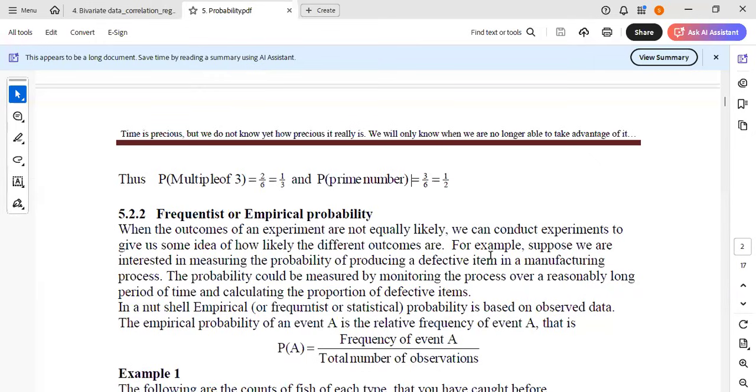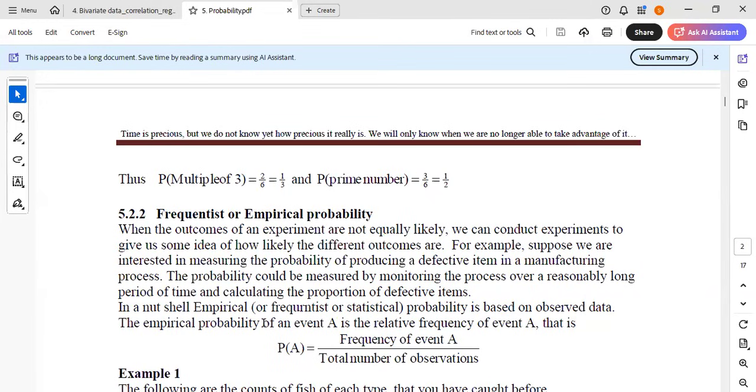For example, suppose we are interested in measuring the probability of producing a defective item in a manufacturing process. The probability could be measured by monitoring the process over a reasonably long period of time and calculating the proportion of defective items.